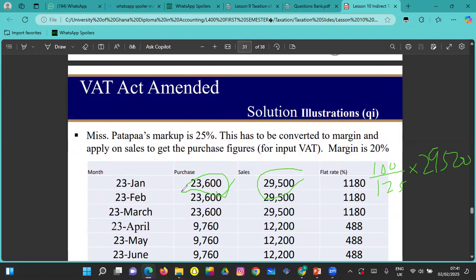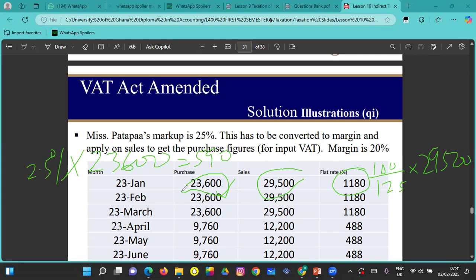So GET Fund is 2.5%, that is 0.025 times. If you want to get this flat rate, it's going to be the 2.5%, which is the GET Fund, times the purchases, 23,600, and we are going to get 590 for that.